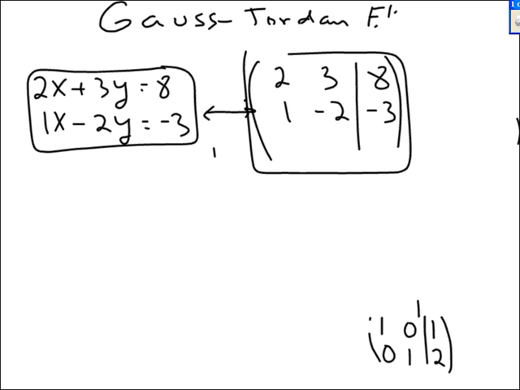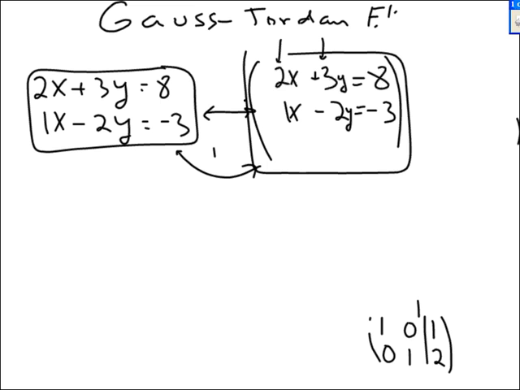The answer is the first column are x's. 3 means plus 3. The second column were y's. Actually, I'm saying what both rows give us. And the line stood for equals. Oh, look at this. They're exactly the same now.